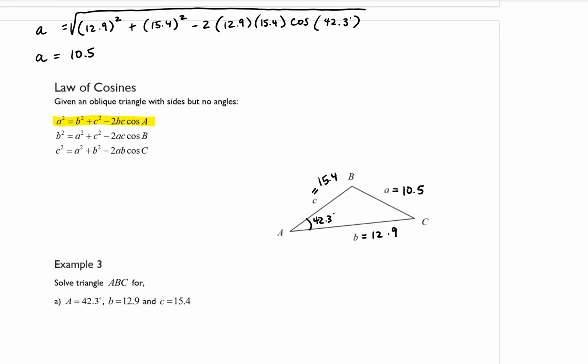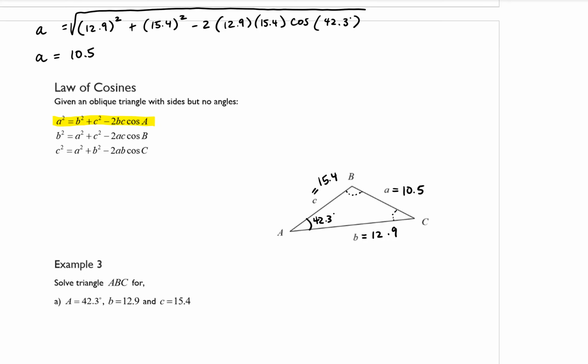Okay, now from here, my suggestion is the only things that we need to solve for now are angle B and angle C. And as you saw, plugging that equation into our calculators was quite long, and it's easy to make a mistake because we have so much to enter in.